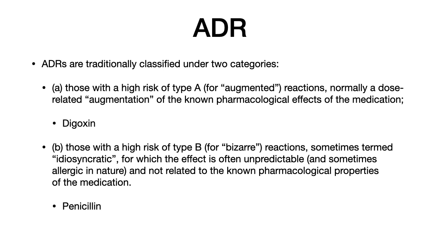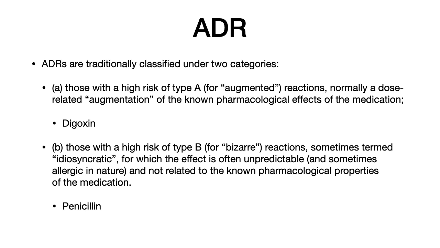Adverse drug reactions are traditionally classified into two categories. Those with high risk of type A or augmented reaction, normally a dose-related augmentation of the pharmacological effect of the medication, like digoxin, theophylline, lithium. These are drugs with a low therapeutic index.